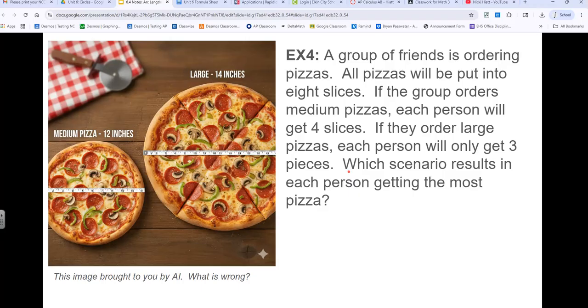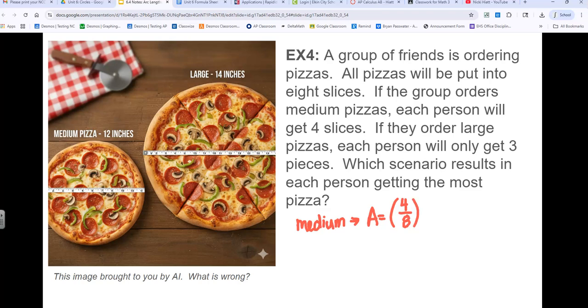Now, in this case, we're going to do it slightly different because they didn't give us any angles. But if we have medium pizza, then our area of the pizza that we'll be getting, we're going to get 4 slices out of the total pizza, and they're telling us all the pizzas are cut into 8 slices, so that would be 8 right here.